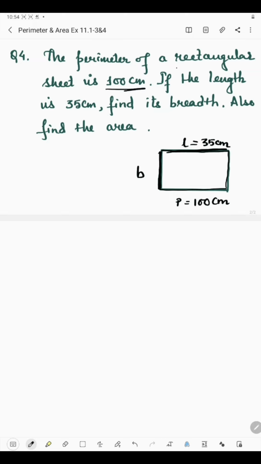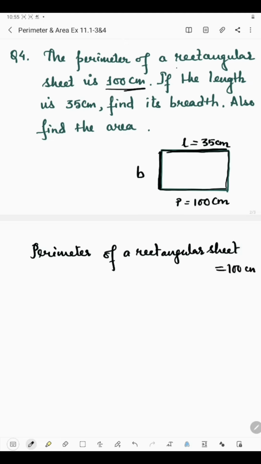So let's start. So perimeter of a rectangular sheet is 100 centimeter. Okay, now here what is the formula of finding the perimeter of a rectangle? Twice into length plus breadth.